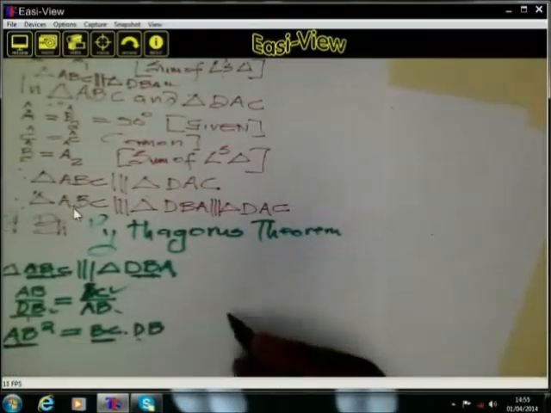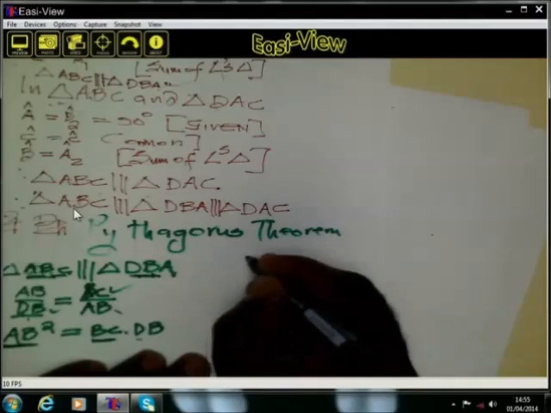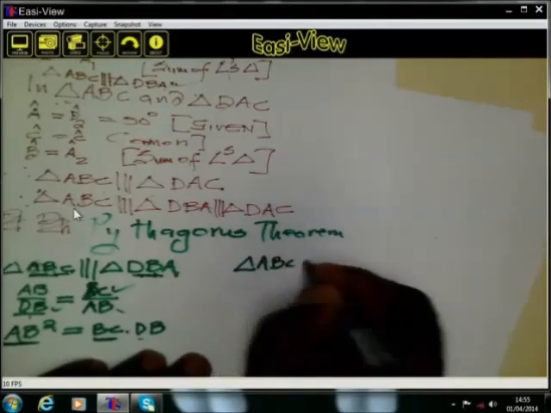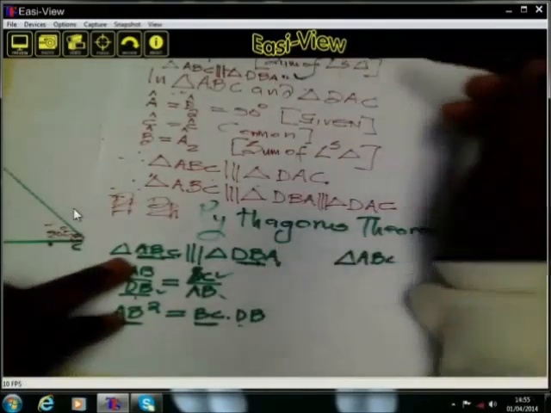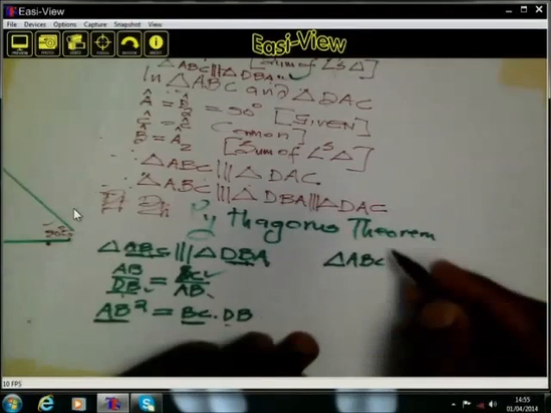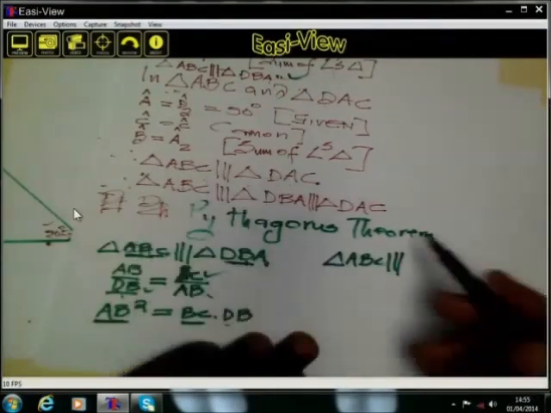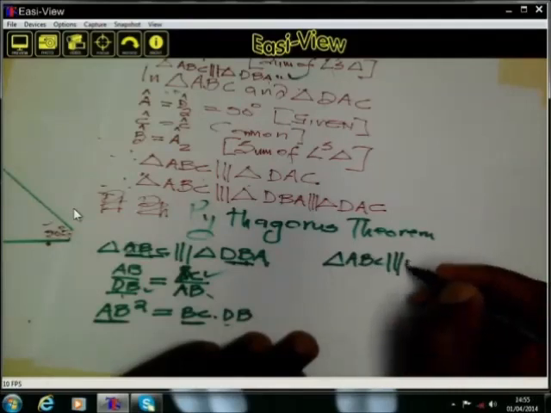Fine. Now let's also quickly look at what happens if you still have triangle ABC. These are conclusions. This is the conclusion for the first part, and I'm now going to the conclusion for the second part. That is, triangle ABC is similar to triangle DAC.